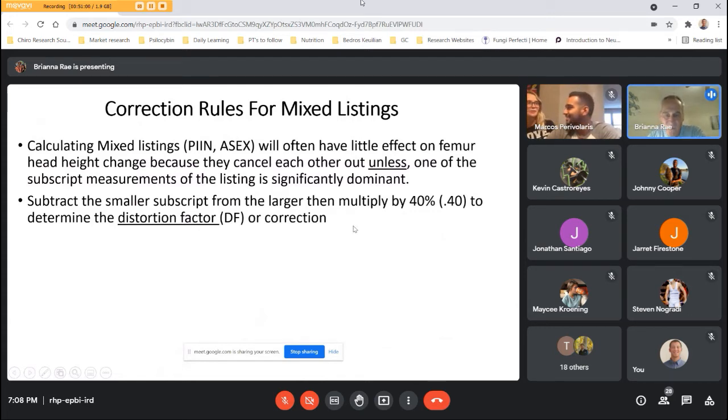Oh, by the way, too, this 40% rule is based on taking your A to P full spine film from 72 or 84 inches, not 40 inches.